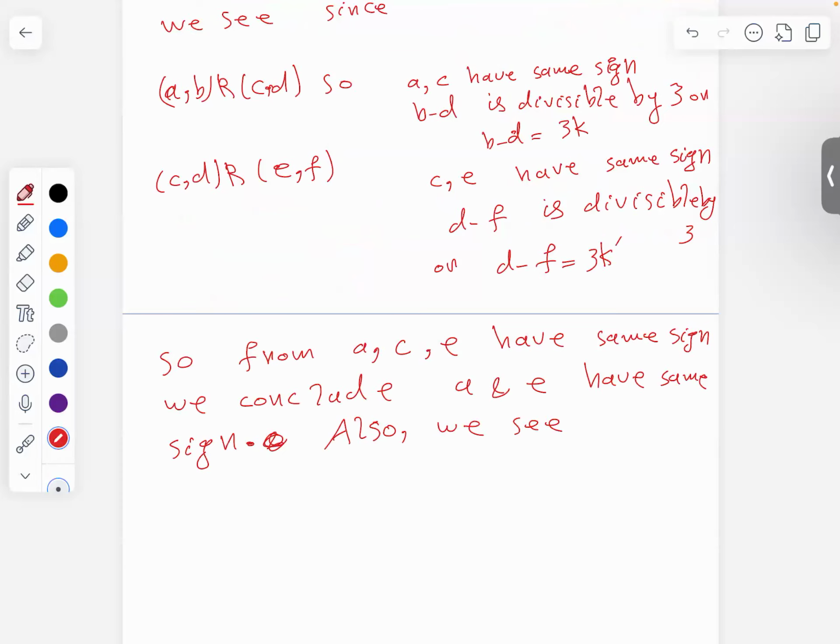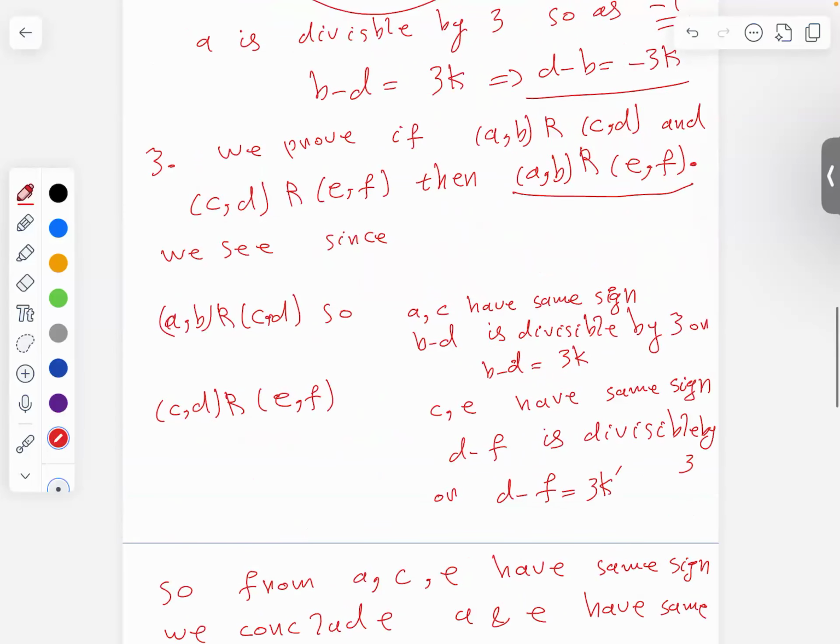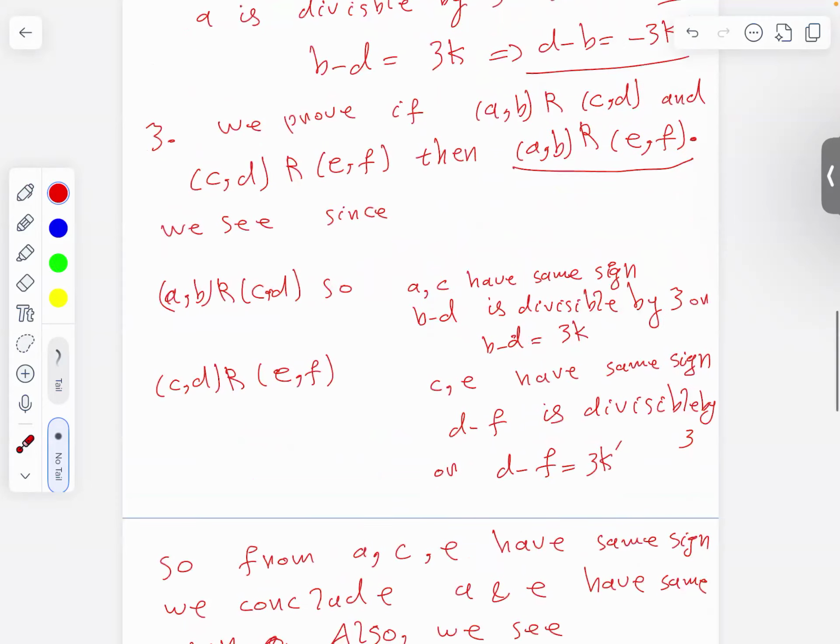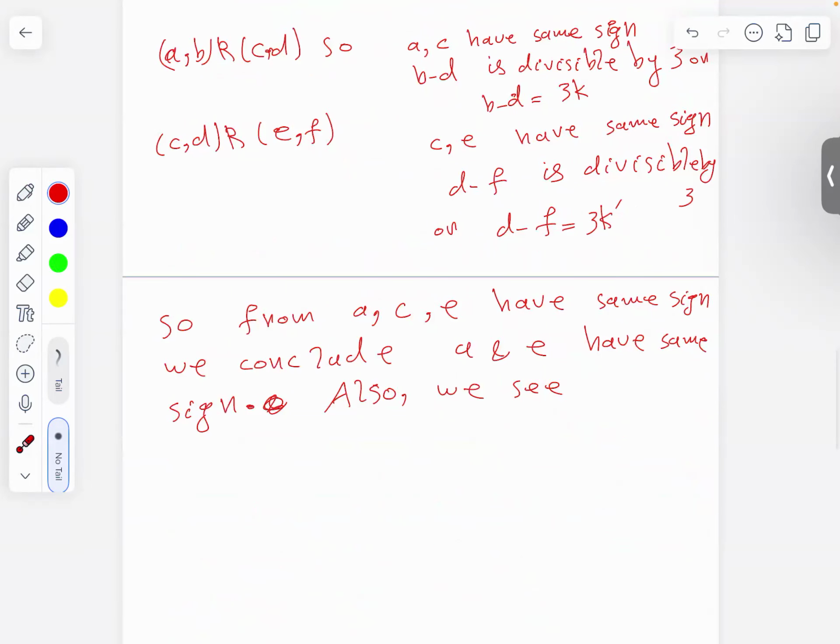What do we want to prove? To prove that (A, B) has relation with (E, F), A and E must have the same sign, which we did, and we need to prove that B minus F is also divisible by 3.